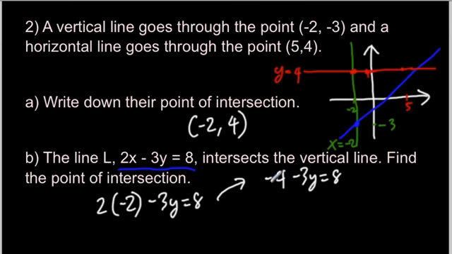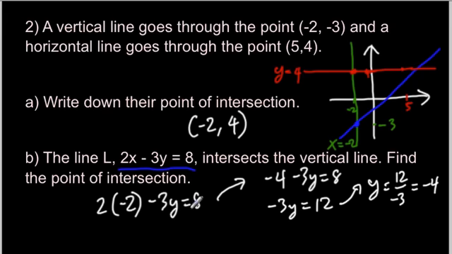What I can do is I can add the 4 to both sides, so it's -3y is equal to 8 plus 4, which becomes 12. And then if I do that, y is equal to 12 divided by -3, which is equal to -4. So my coordinates are -2, which is x, and y is equal to -4. So the point of intersection then becomes -2, -4. So this is my solution for the point of intersection.